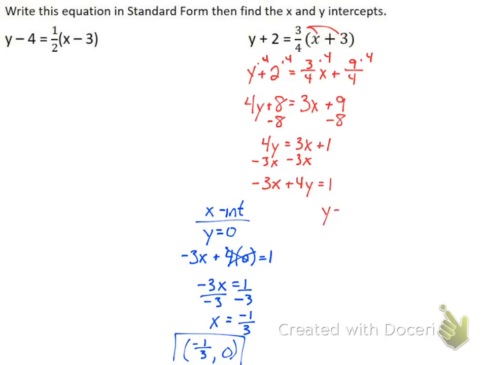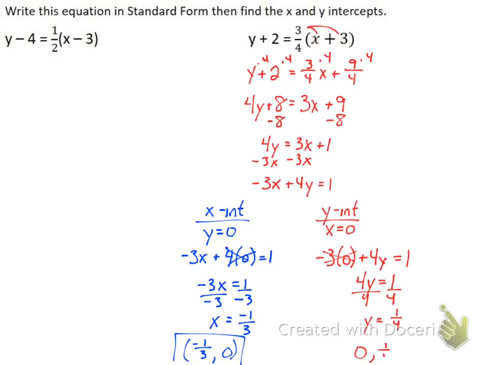The next one, I'm going to find my y-intercept, which is when I make x equal to 0. So I go negative 3 times 0 plus 4y is equal to 1. So 4y is equal to 1. Divide both sides by 4 and get y is equal to 1/4. Again, that's going to be the ordered pair 0, 1/4.